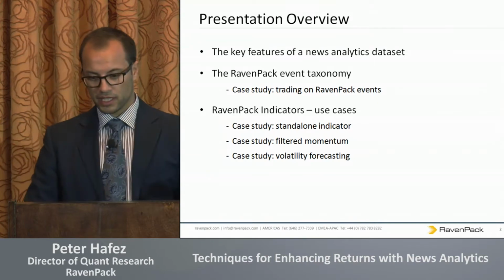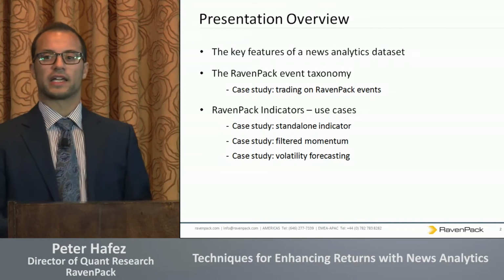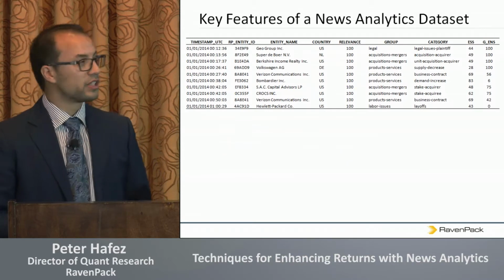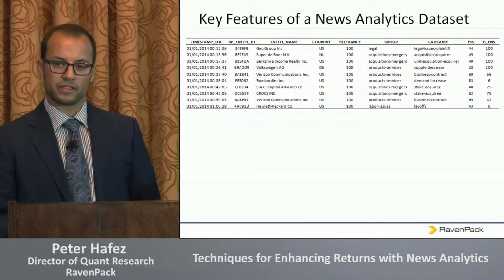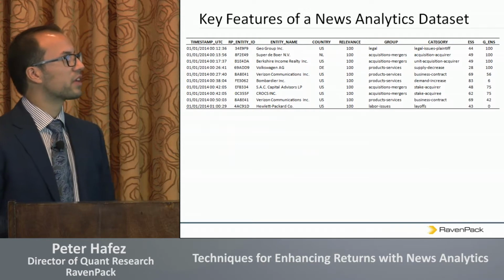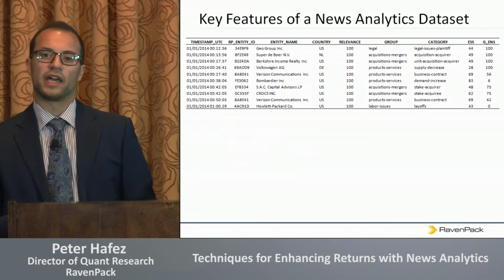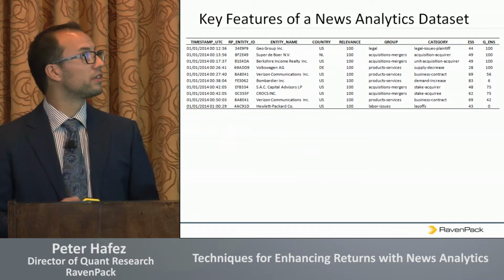So this is basically what our data set looks like, or some of the key features. The granular news analytics data set that we provide contains about 40 columns on the equity side, and 30 columns on the macro side.